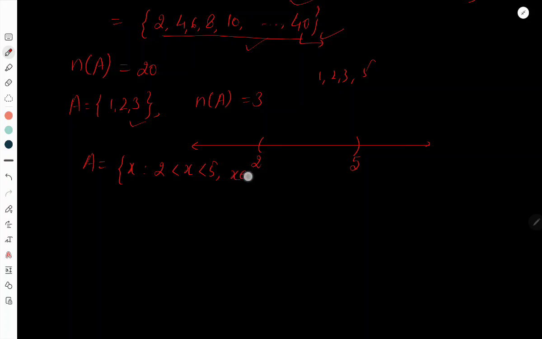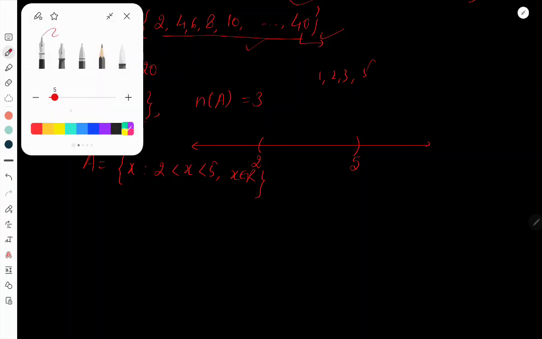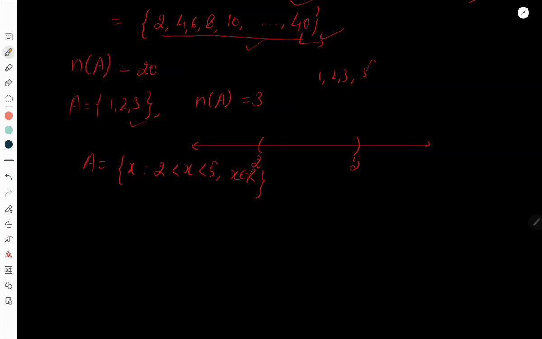Any real number you can take, but greater than 2 and less than 5 means you don't have to take 2 and you don't have to take 5. Between these, any number you can take.